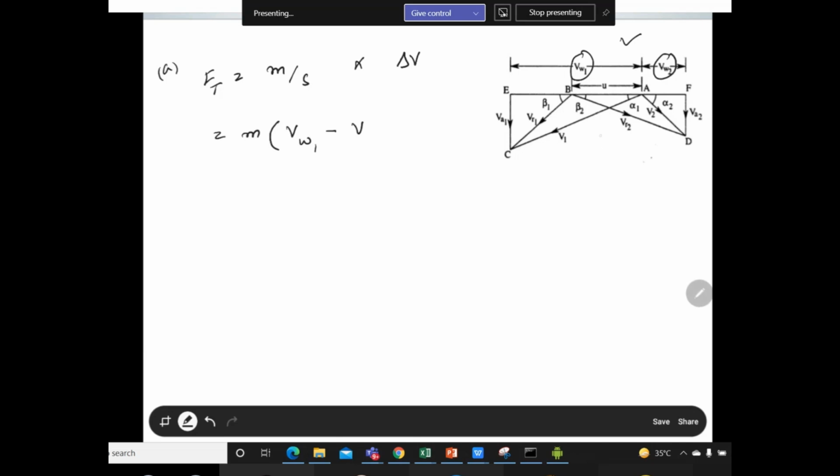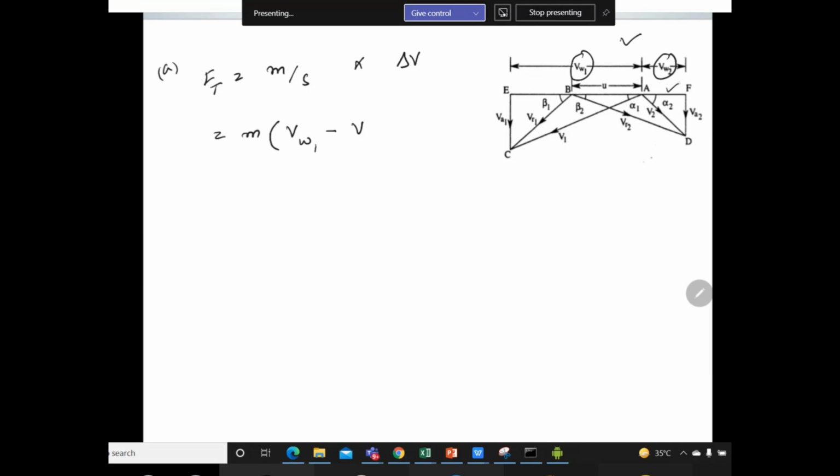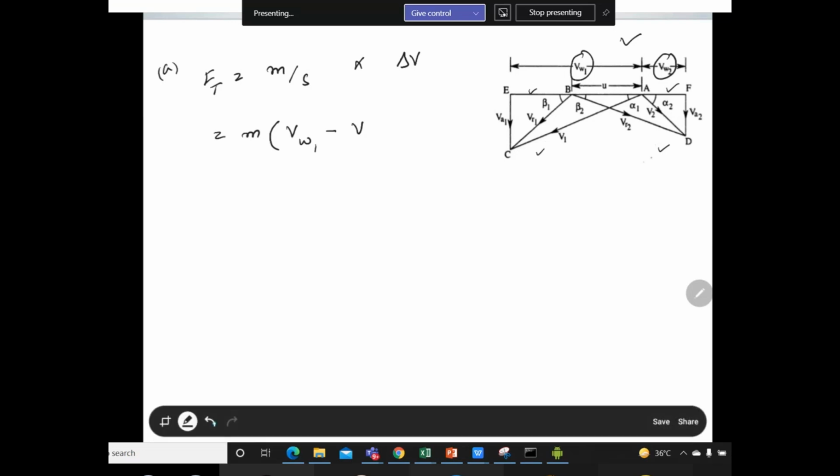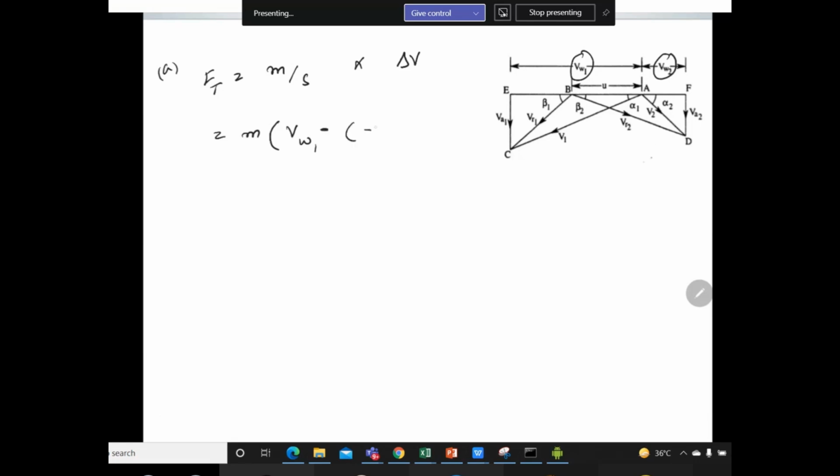For example, if we draw the outlet figure over there and the inlet figure over there, whereas I have drawn the inlet figure over there and the outlet figure over there. This is an important point, so you should not get confused by this figure as well. So for your whirl component, there is a minus sign with VW2. Why is there a minus over there?